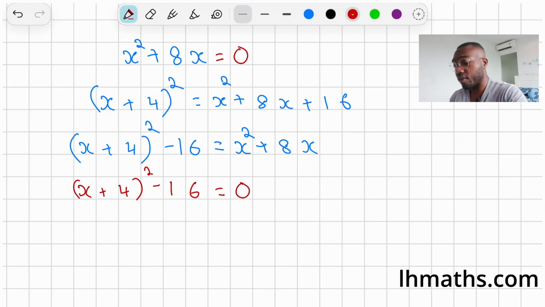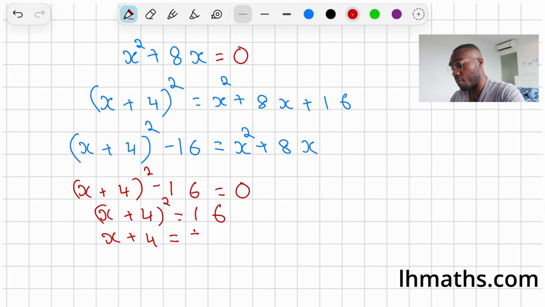If we work out this question, which I'll do now, we get x plus 4 squared is equal to 16. Then we square root both sides, so we would get x plus 4 equal to plus or minus 4, which would give us two values for x. x would be positive 4 minus 4, which is 0, and it would be minus 4 minus 4, which is minus 8, okay?